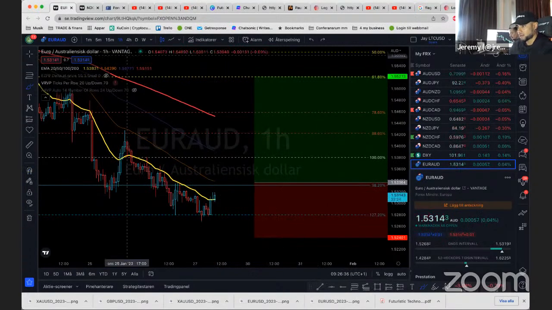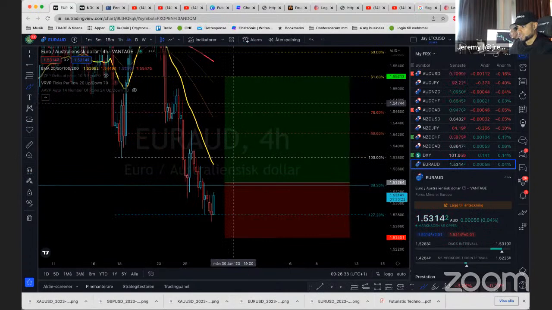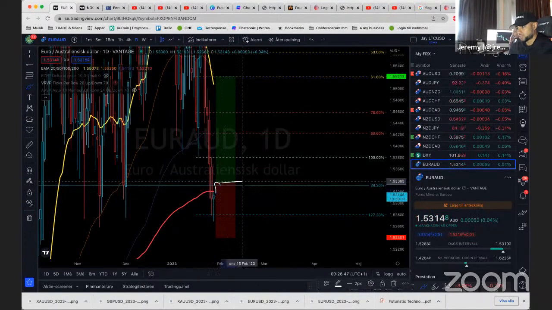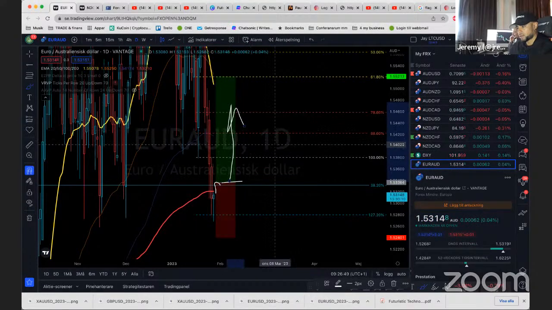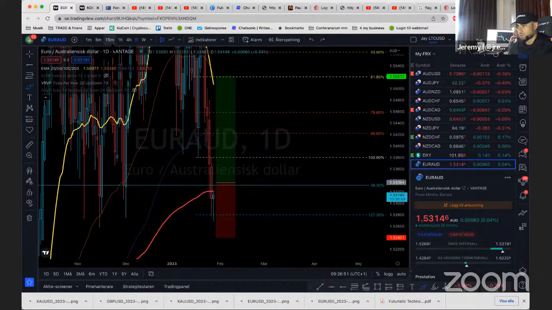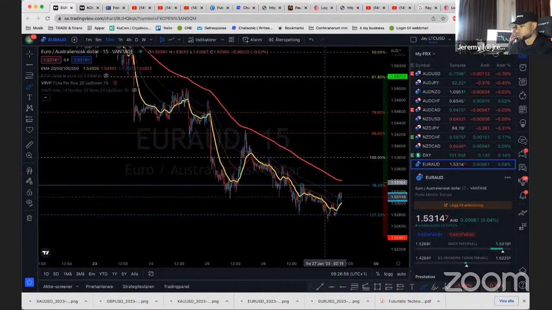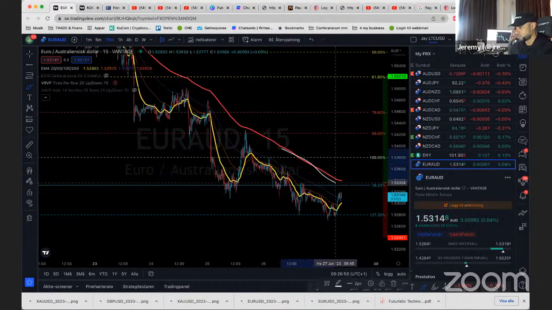When it does that, confluently, it will also do the same thing on the daily time frame with this 200-day moving average. You guys see? So we want to see the market on top here, right? That's when we have our entry. This is our entry for the buy. And you see it's also perfectly confluent with this 200-day moving average.